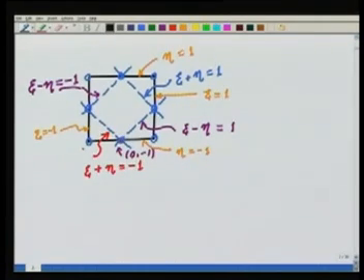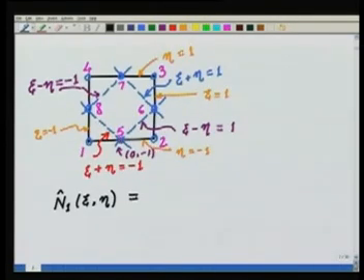So this is my numbering: 1, 2, 3, 4, 5, 6, 7, 8. I want to find N1 hat as a function of psi and eta. This I'll put as C1.